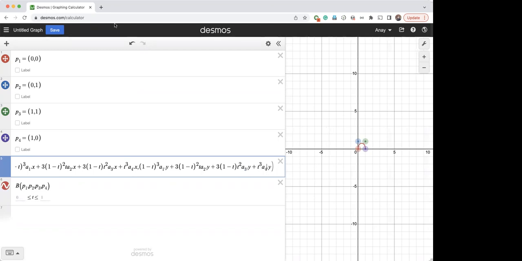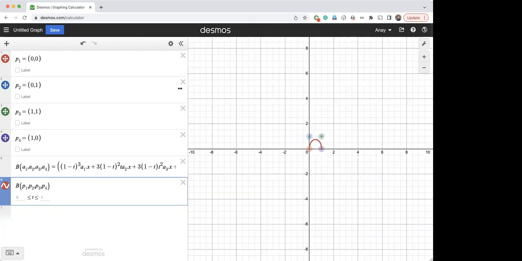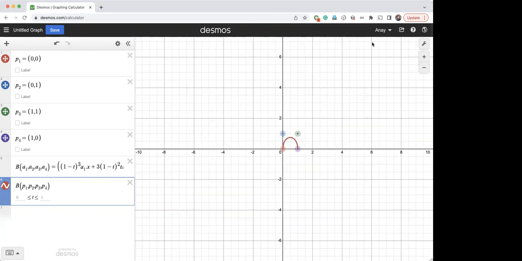So we still have the curve, but the advantage now is I can start replacing these values in my equation without having to worry about this big equation at all times. Can you see that?